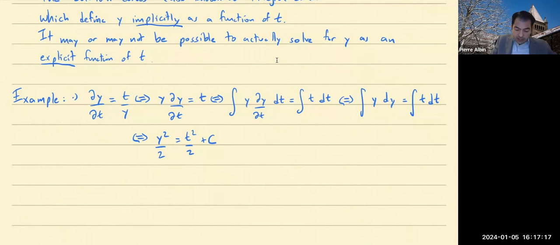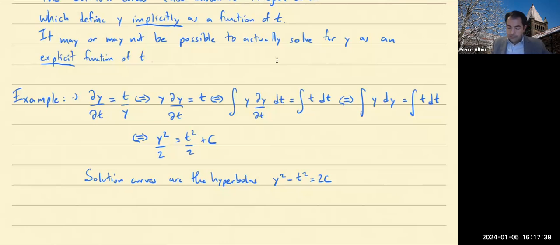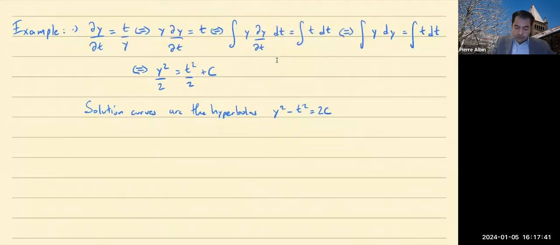So in this case, our solution curves are the hyperbolas y squared minus t squared is equal to 2 times c, which gives us y implicitly as a function of t.